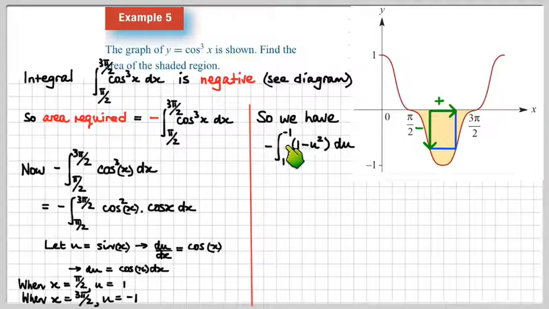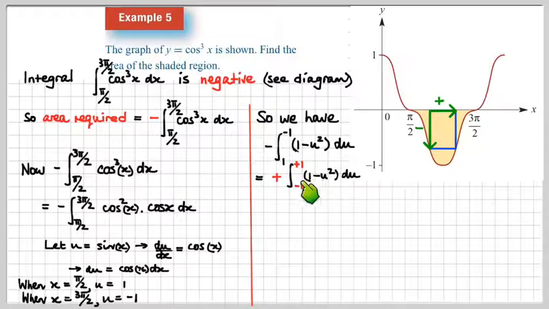So we've got this minus, now that's cos squared, which is 1 minus sine squared, right? That cos squared is 1 minus sine squared, which means we've got 1 minus u squared, and the cos x dx is just the du term. We've got the minus out the front. Now, if you like, we can reverse these terminals. Yes, that's right.